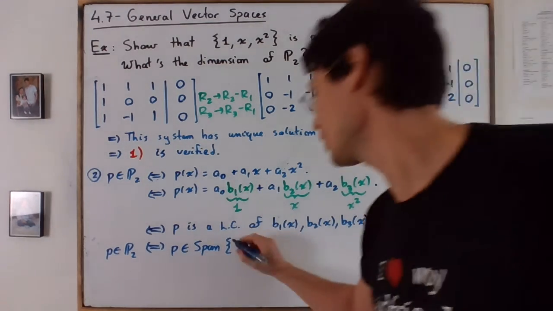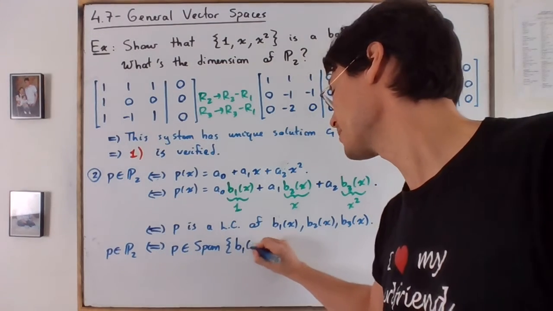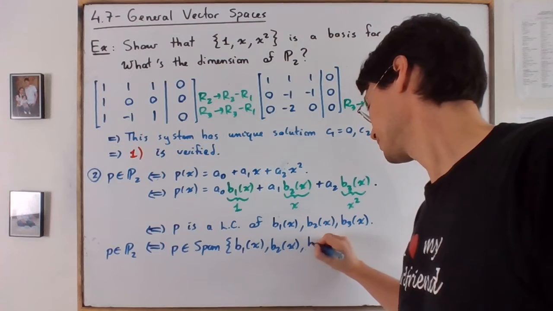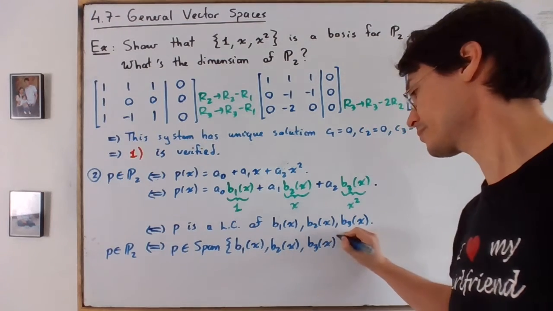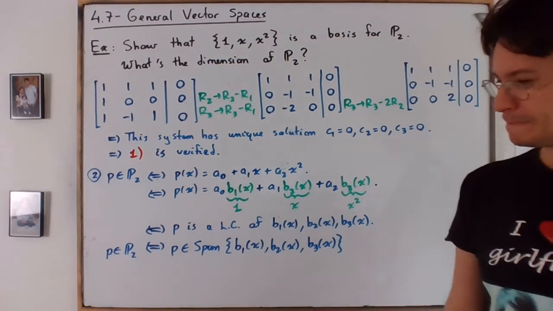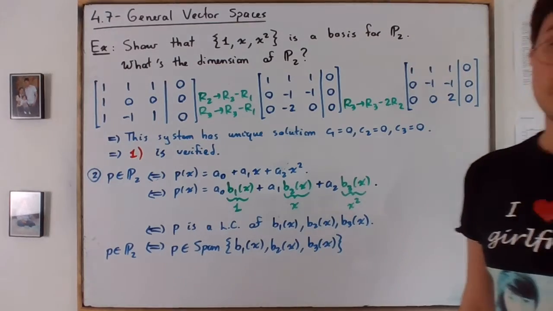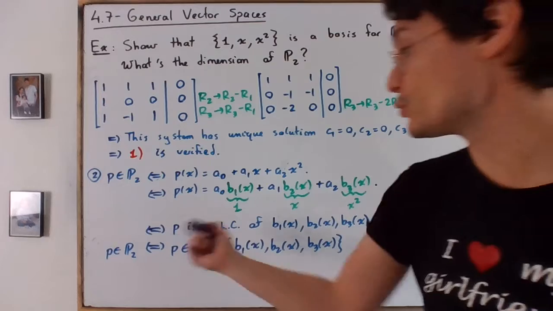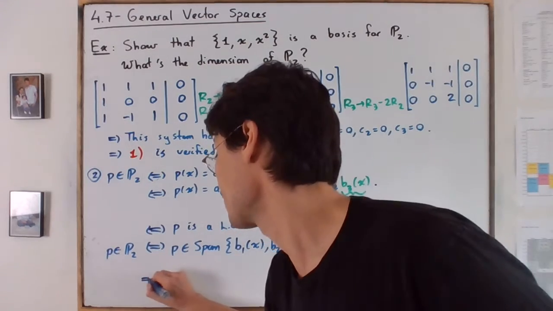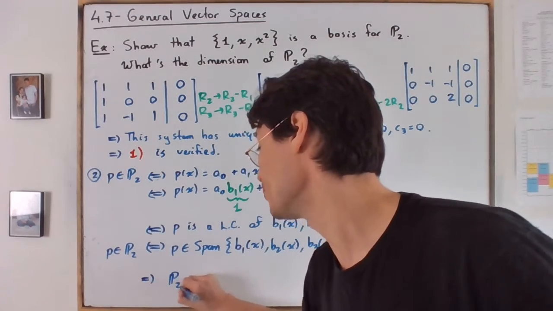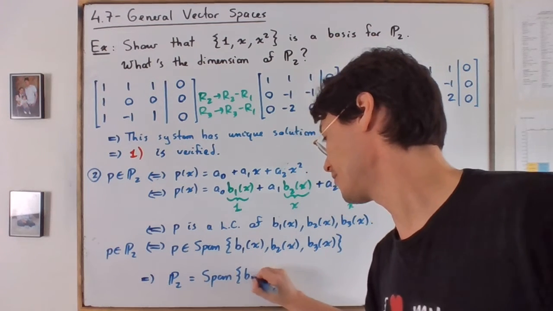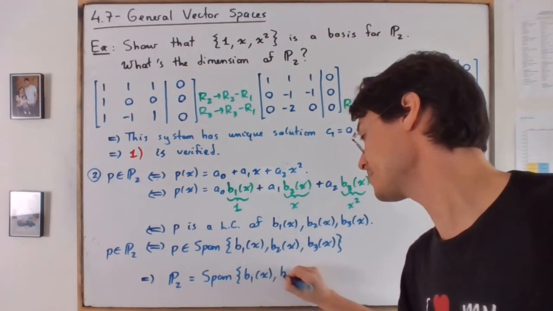So let's name them again: B1, B2, B3. Of course, this is what it means for the two sets to be equal. So from there, we get that P2 is equal to the span of B1, B2, B3.